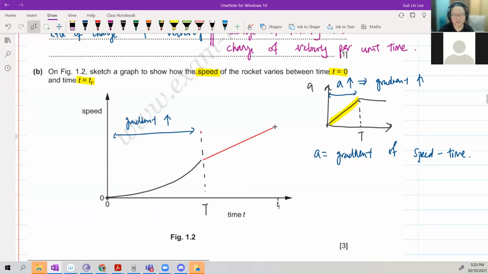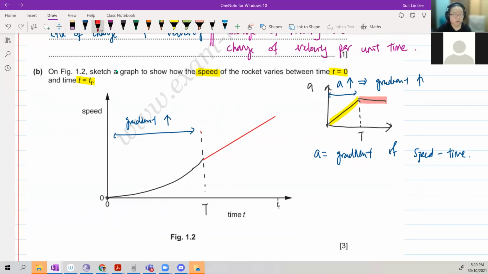After that, it increases at a constant rate, something like this. So as long as the graph is connected and doesn't look very weird, then can. So here gradient increases. This part here, gradient stays the same.